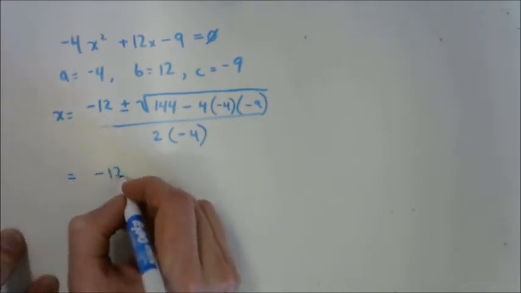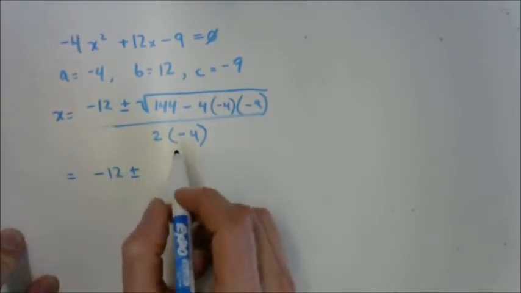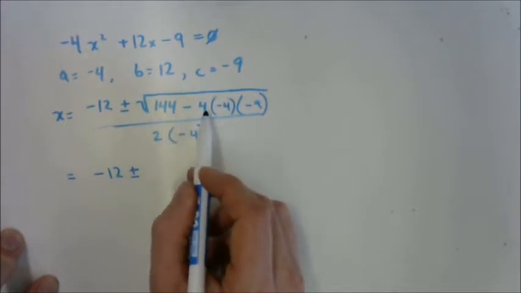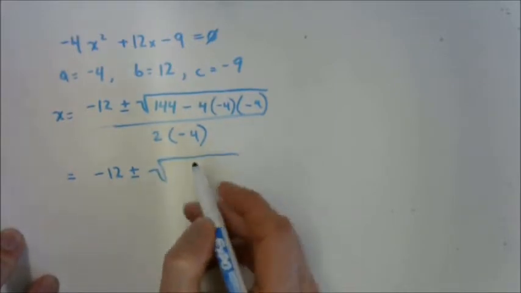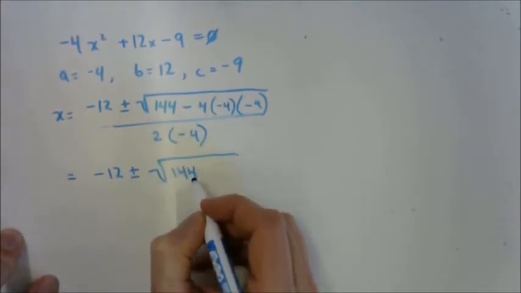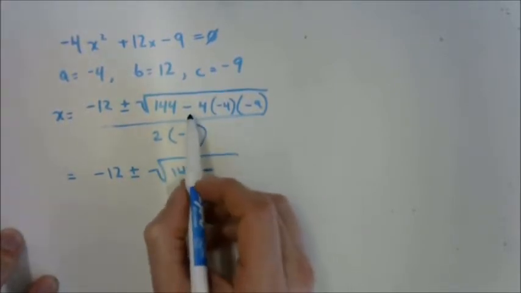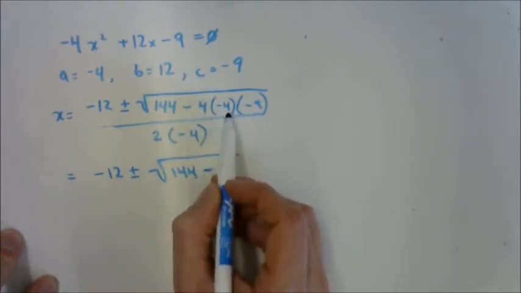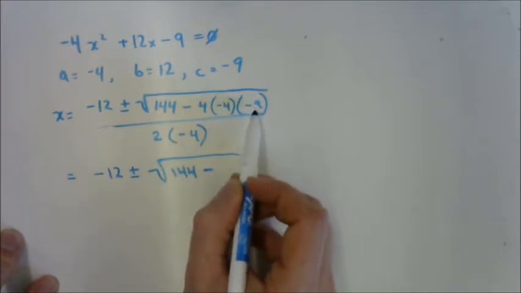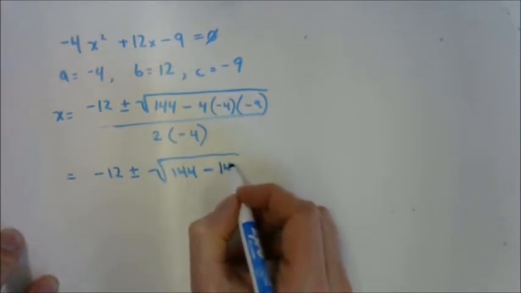And we're rewriting it, negative 12 plus or minus. We're paying special attention to what happens to our value under the radical here. We've got 144. I'll rewrite that, minus, because I have a negative times a negative times a negative. And 4 times 4 is 16, times 9 is 144.